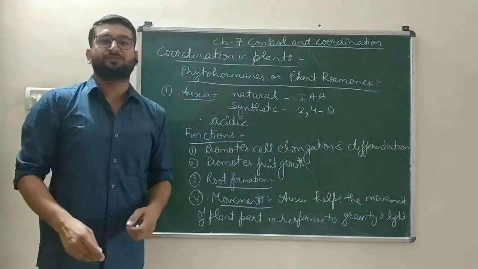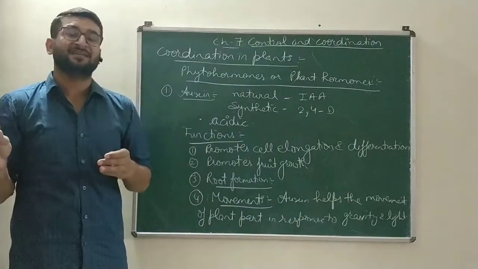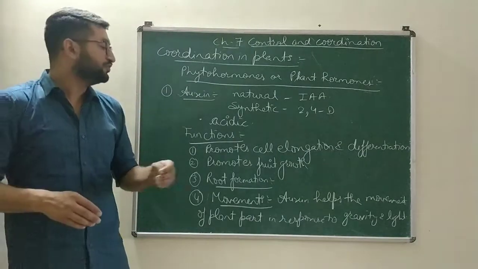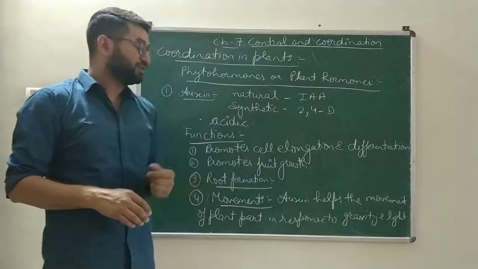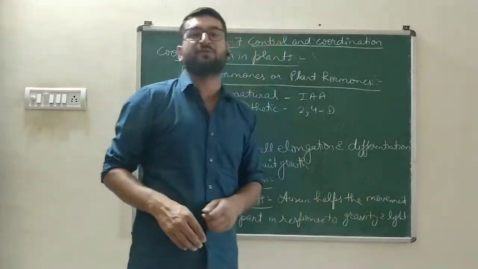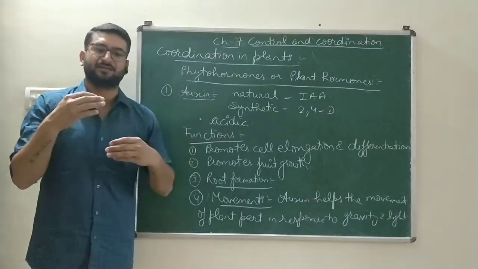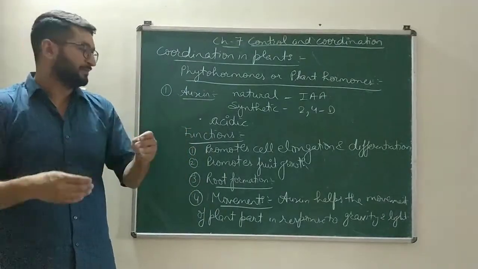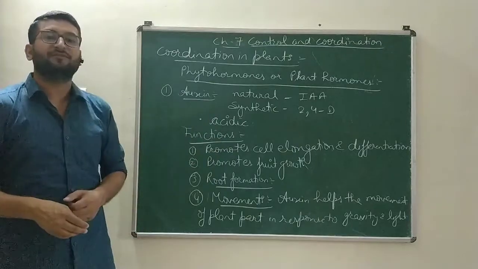It helps the plant part to move towards light, and it helps the plant part to move away from gravity. So these are the two movements, also known as phototropic movements and geotropic movements, which we are going to discuss later on in this chapter. And these are the functions of auxins.